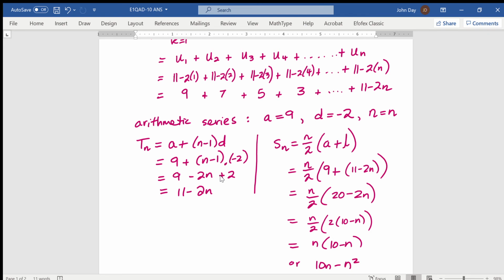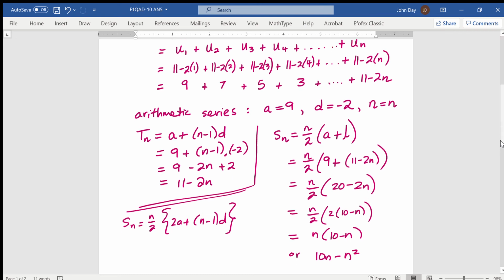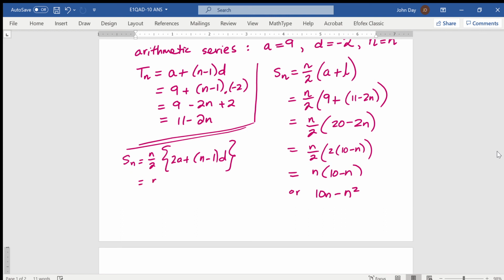So you could have got it from doing that, or you could have used the longer formula, n on 2 times (2a plus (n minus 1)d). Both of these are available on the formula sheet. By substituting into there, you should get 10n minus n squared. n on 2 times (2 times 9 plus (n minus 1) times minus 2) is n on 2 times (18, and that's plus 2 and minus 2n).